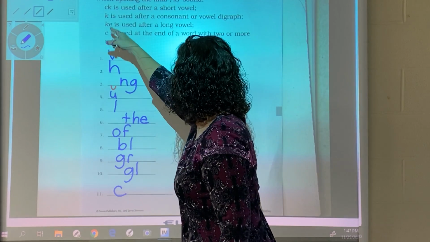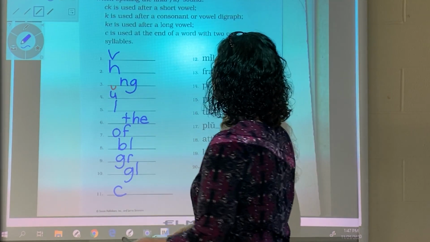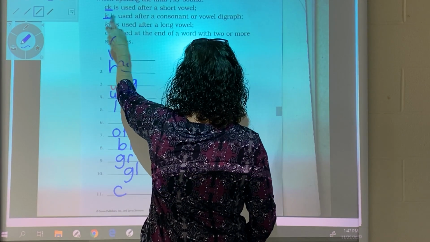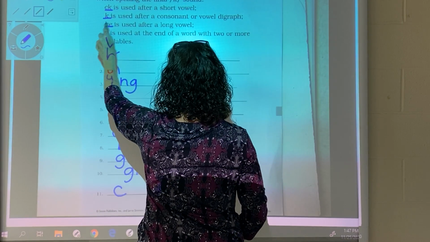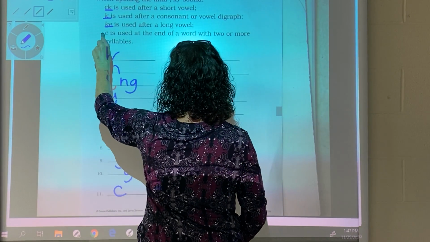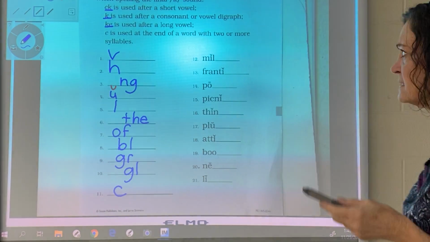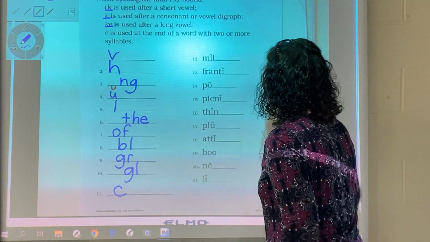The rules are up here, and we have to decide.